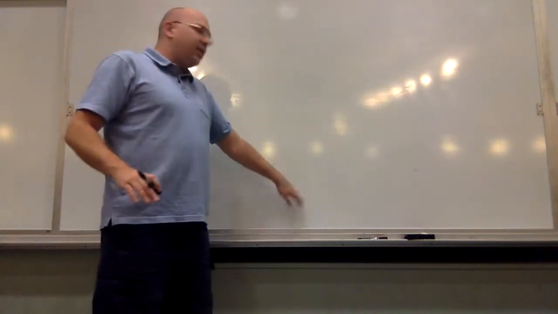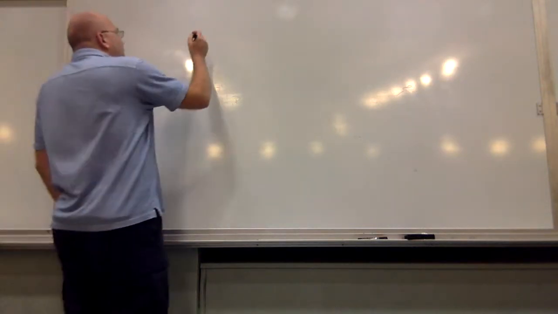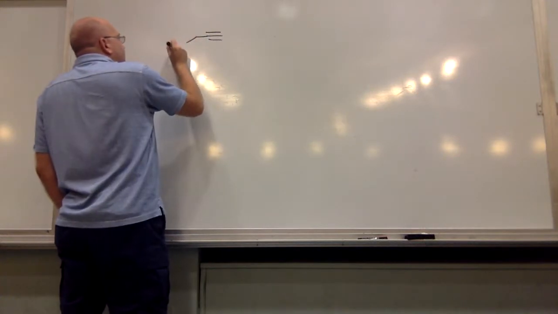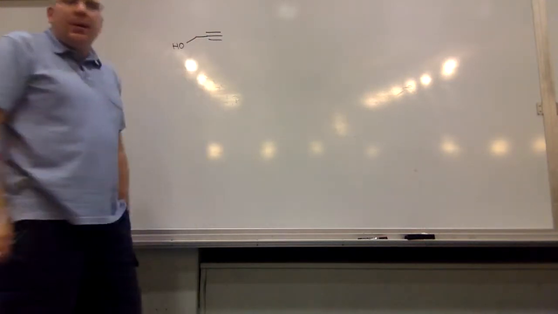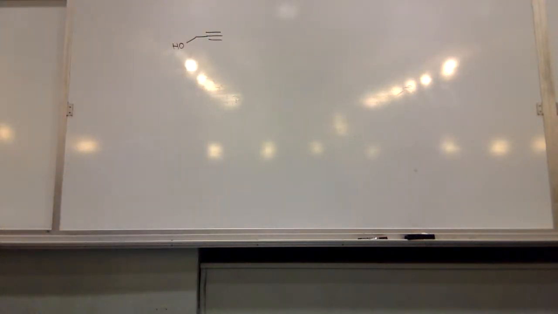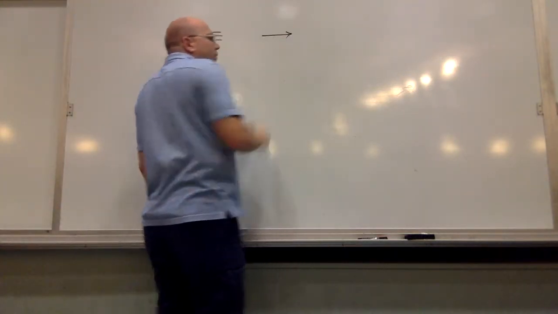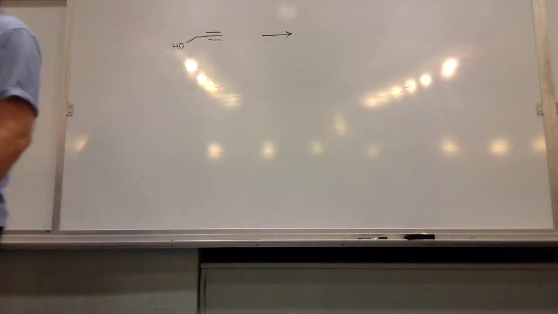That versatility, at the same time, can often pose challenges when you're trying to do, for example, multi-step synthesis. And so one of the things we want to keep in mind is that a lot of reactions that we've learned may start to cause problems when we have alcohols around.